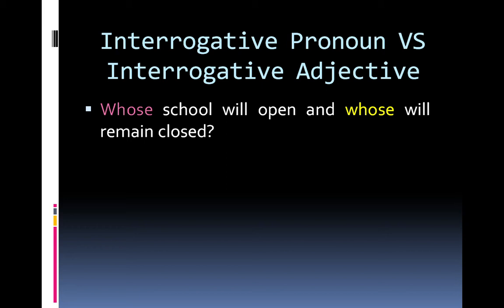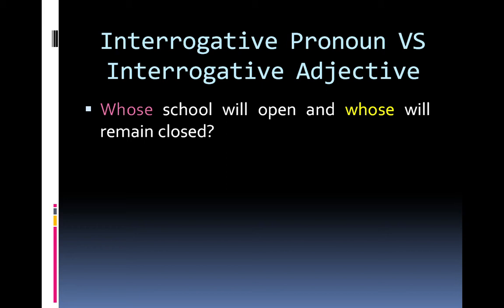So it's possible to call whose in the first example, whose school, an interrogative pronoun because it has been used in place of a noun in possessive case and it's also asking a question about that noun. But it's also possible to call it an interrogative adjective because it has been used with a noun as a possessive case. The noun is school. It has been used with the noun school as the possessive case of a pronoun, so it's modifying the noun school.